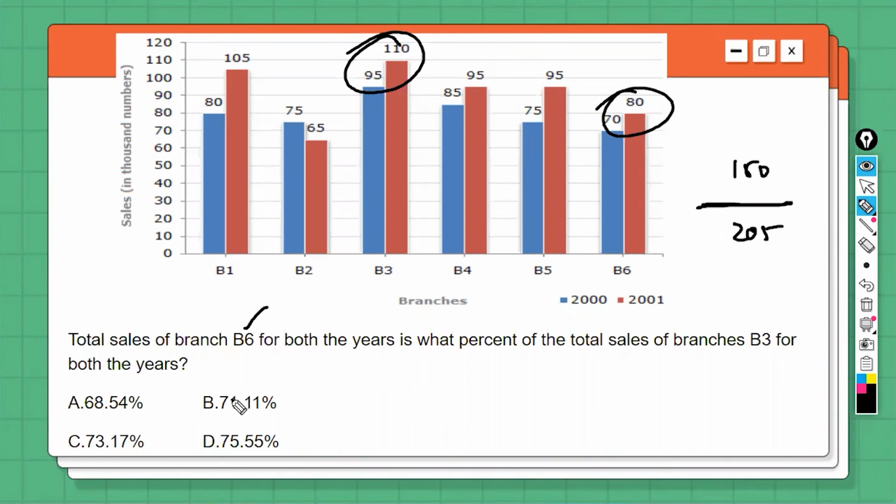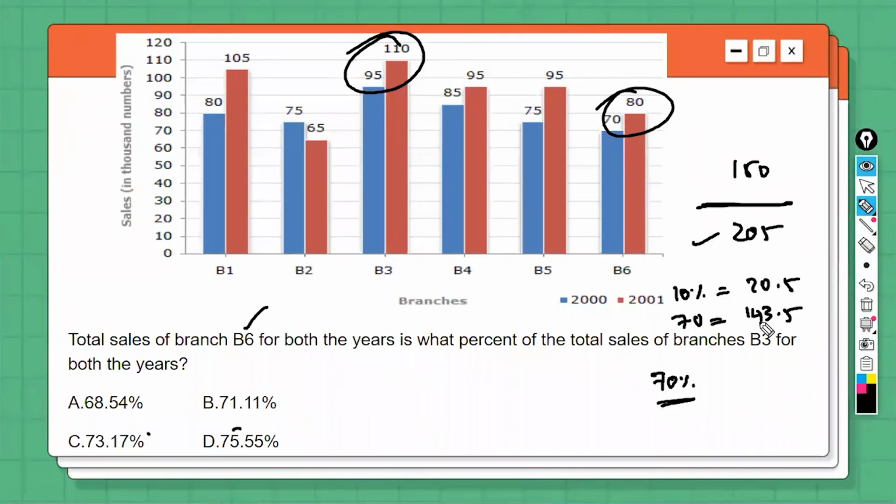See, 2 answer options are very close, answer option C and answer option D. So first of all, I find what is 70% of 205. 10% is how much? 20.5. So 70% will be 7 times this, 143.5.